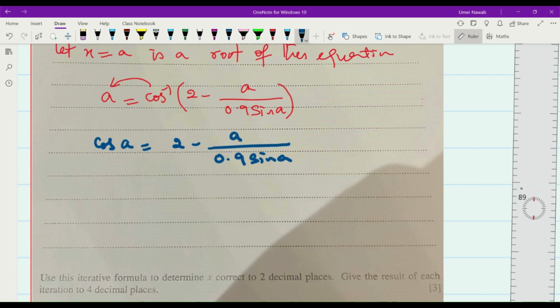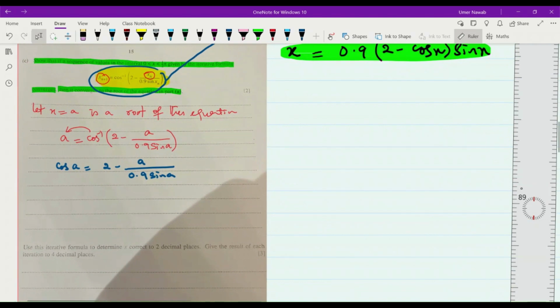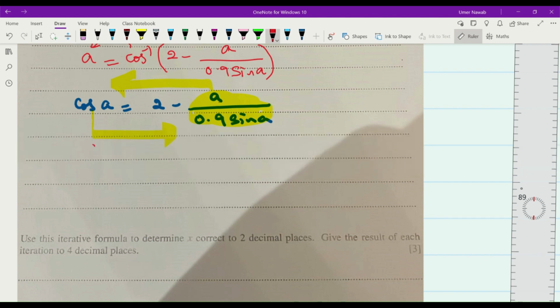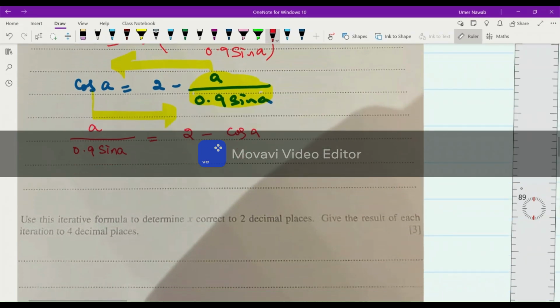Clear? Keep your focus on the equation which we want to make. Why not? We can switch the places of right and left. So I'm going to write a over 0.9 sine of a to the left, and on the right side cosine a will be shifted.